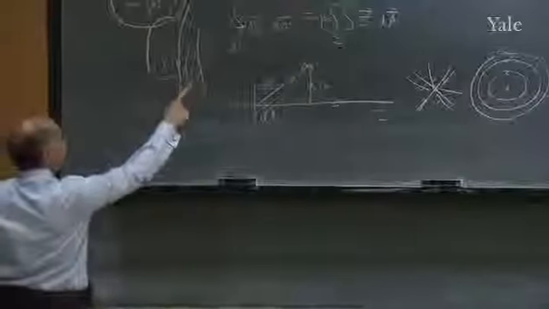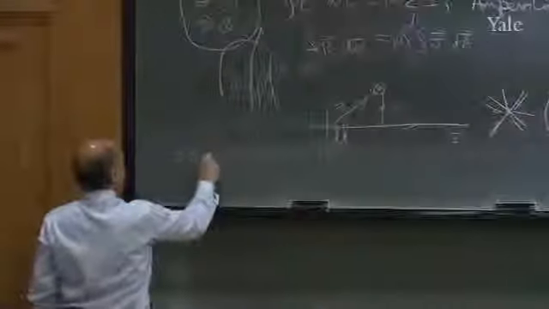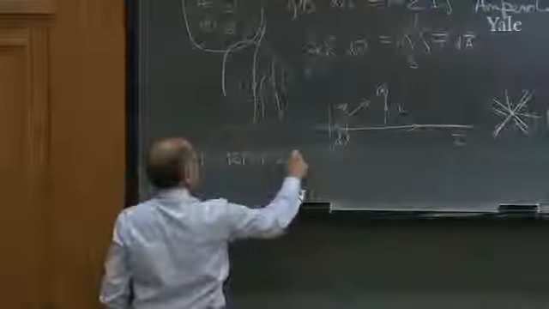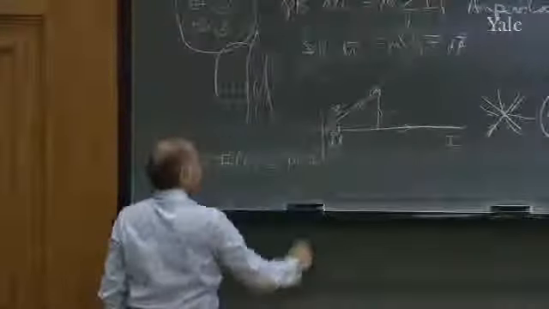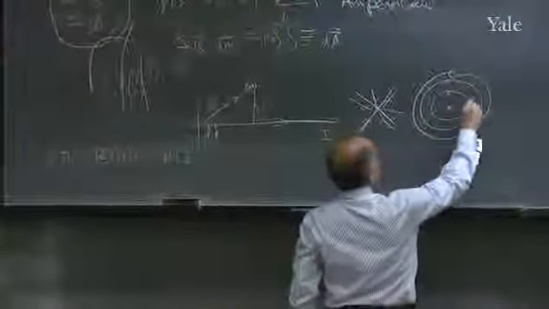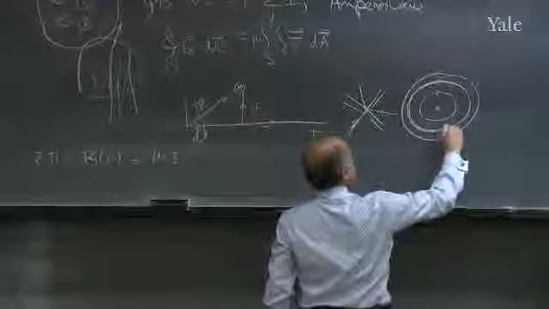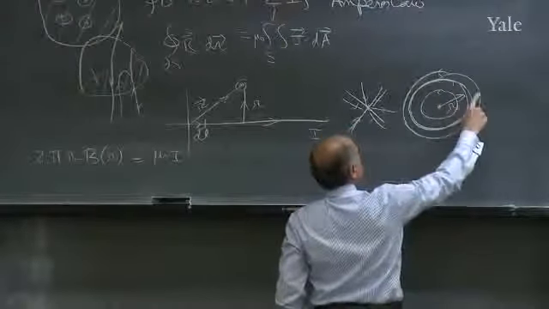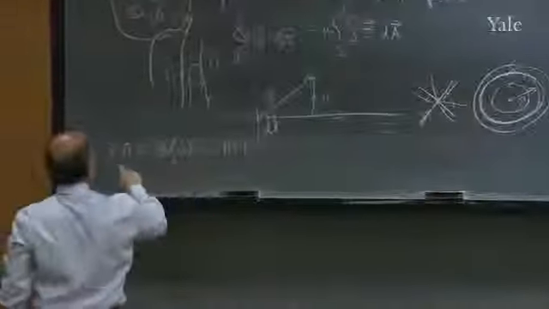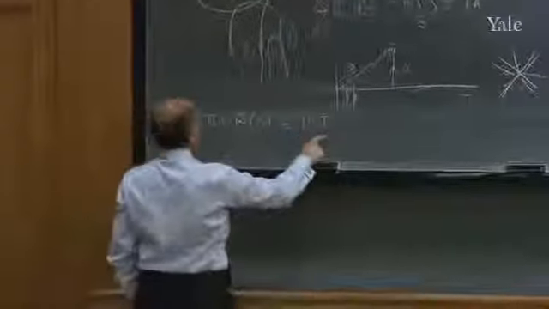Then I write Ampere's law as 2 pi r times B at the radius r is equal to just mu 0 times the current. In other words, I look at the wire from the end, and I take any contour I like of radius r. Then, since B is tangential to the circle, the line integral is simply 2 pi r times B, and that's the current enclosed.